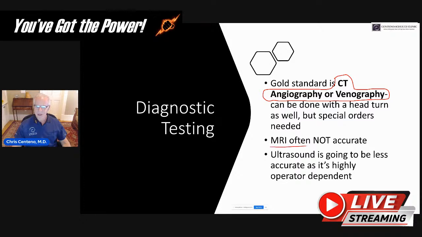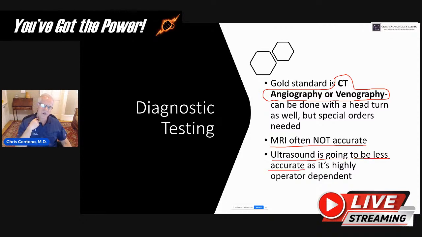MRI is often not real accurate because you mostly see what's called a flow void where this is. So you're not really seeing the veins real accurately on MRI. And ultrasound, I think, is going to be the least accurate, simply because it's highly operator dependent.